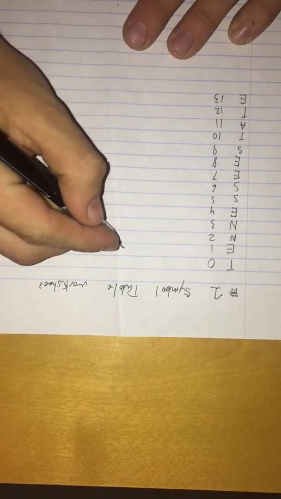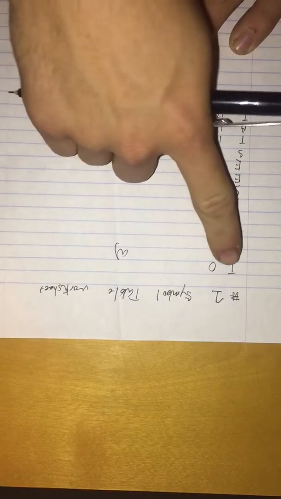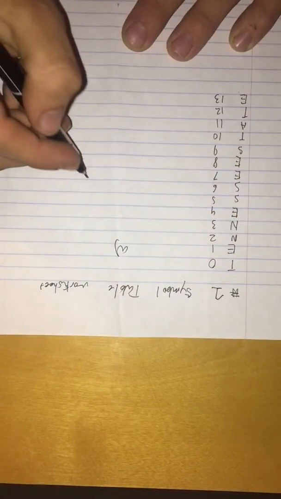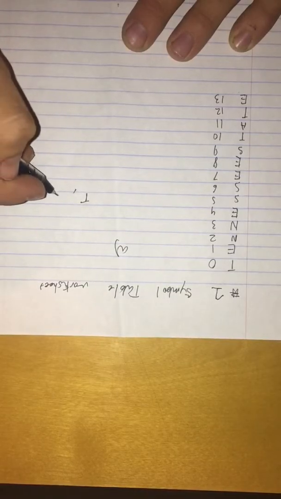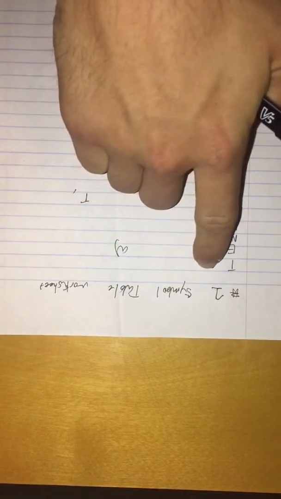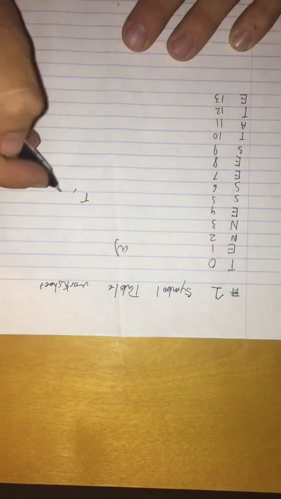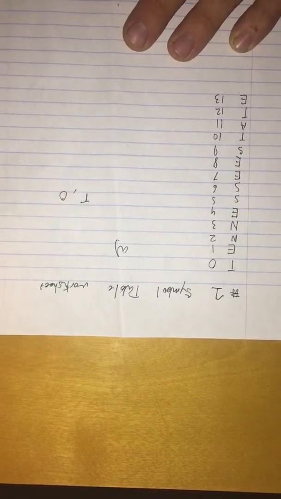So we have part A, and it says that we're going to put new keys above the existing rows. So we're going to put the first key we see at the bottom, T, and then we're going to put its value. So it's at index 0.